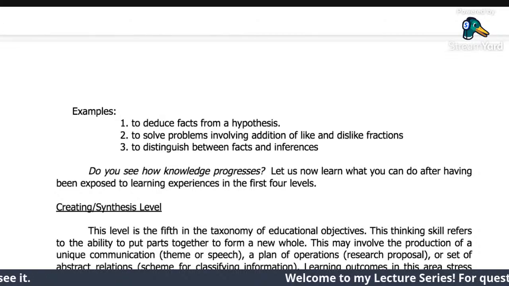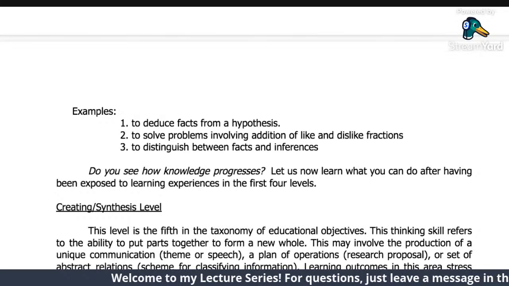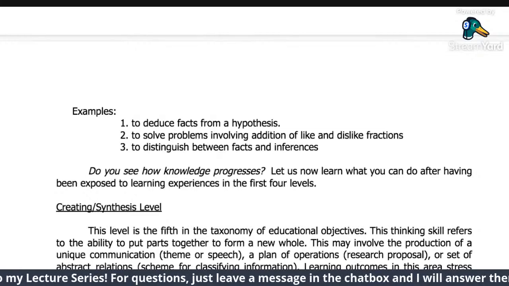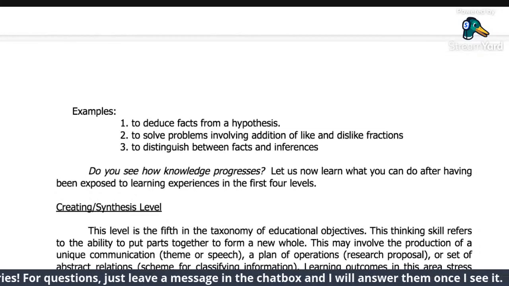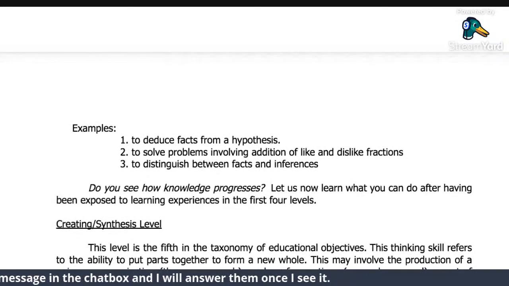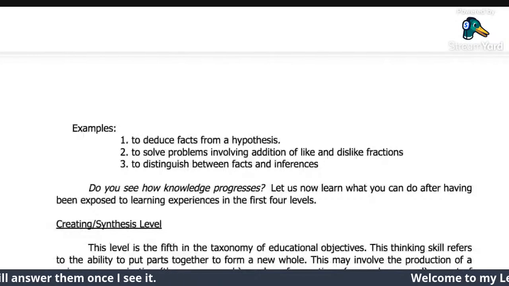To distinguish between facts and inferences. Now, for you to be able to distinguish facts and inferences, you have to break this down into small pieces, small details, these facts and inferences. And from there, you will see what their differences are.